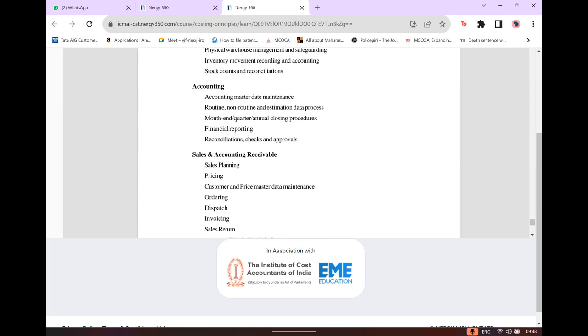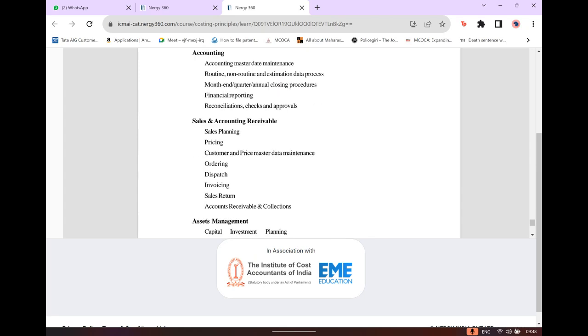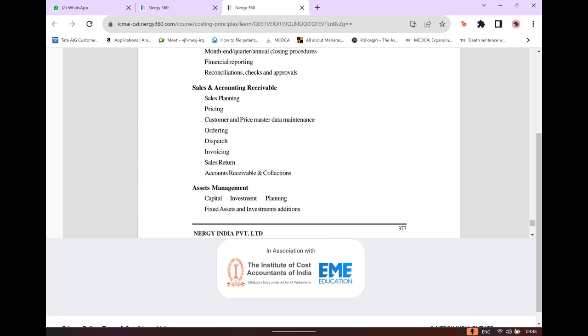Then sales and accounts receivable. Sales planning you do, pricing you do, customer and price data maintenance, ordering, dispatch, invoicing, sales returns, accounts receivable and collection. So in asset management, you will be involved in capital investment planning.